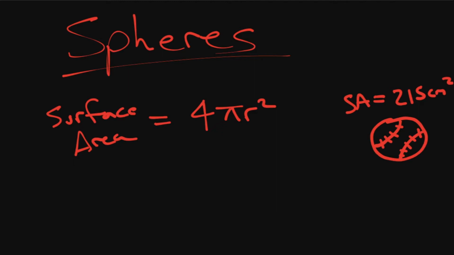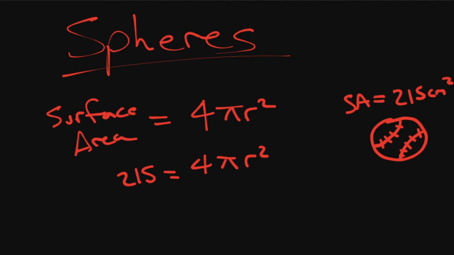Because we're handy, we just go, okay, according to this formula, I already have it written up there, I can just do 215 equals 4 pi r squared. Well, I'm looking for the radius, so r squared is what I want to isolate.